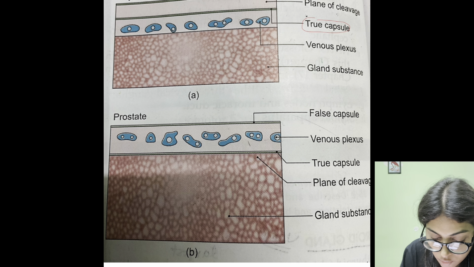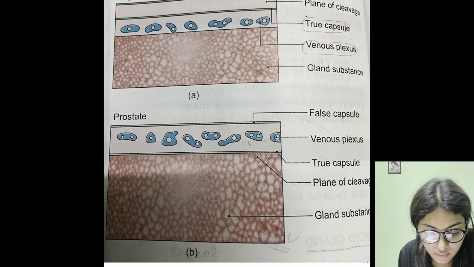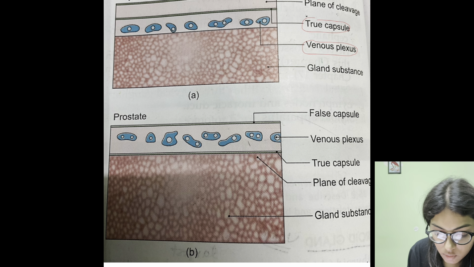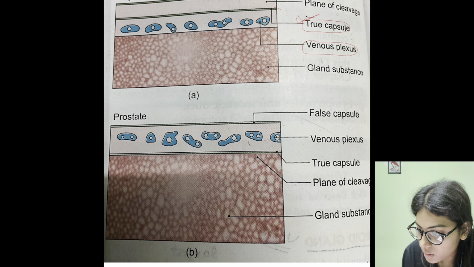In the true capsule, there are some venous plexus present. So when we remove the thyroid gland, which is known as thyroidectomy, we have to remove the true capsule also. Otherwise, hemorrhage will happen.